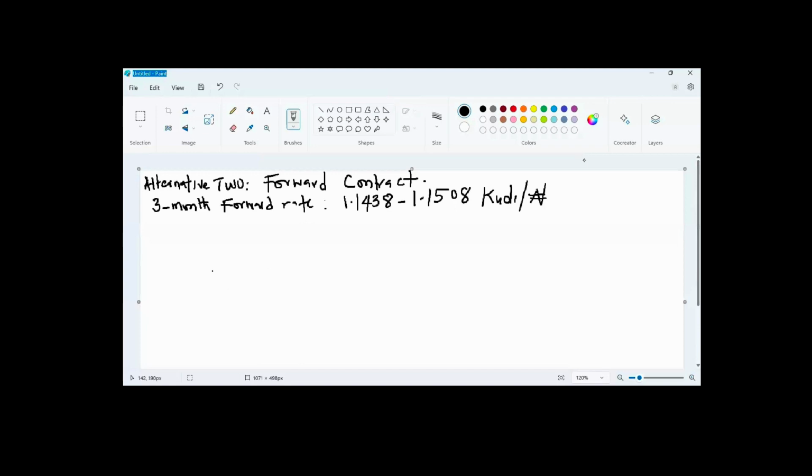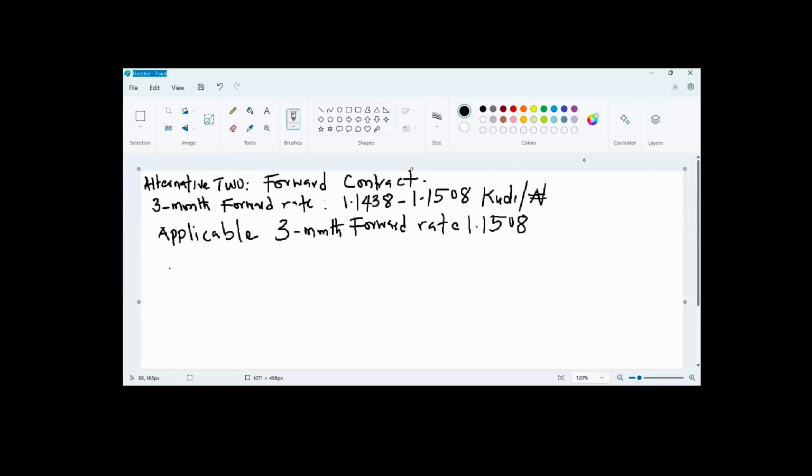Given an indirect quote, at what rate will the bank buy? The bank will buy at the higher rate. Applicable 3-month forward rate: you now pick the higher rate. The higher rate is 1.1508.